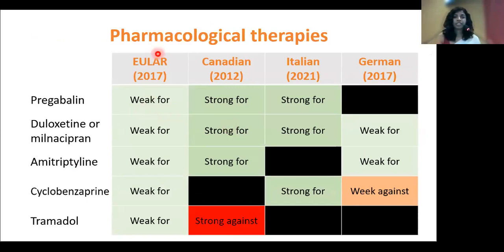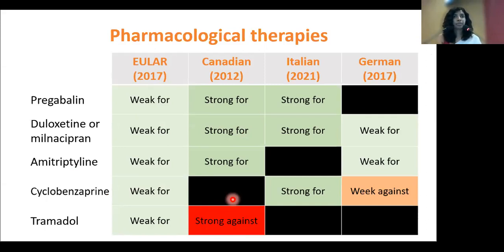So the EULAR 2017 guideline gives a weak recommendation for all of this, including tramadol, while the other guidelines are strongly against or have not made any recommendation for tramadol or other opioid analgesics. We would advise against it because it has a lot of side effects.